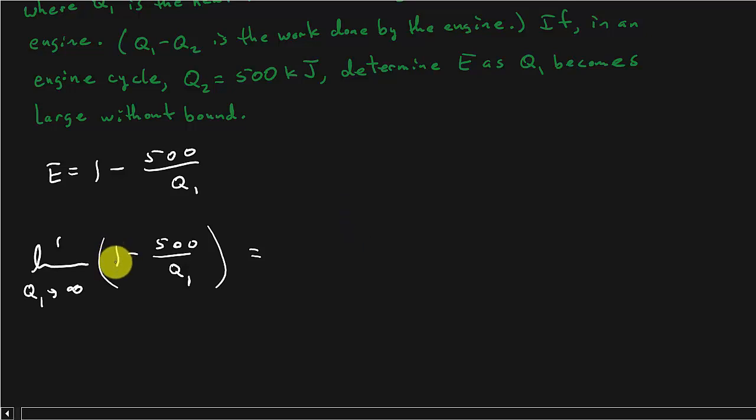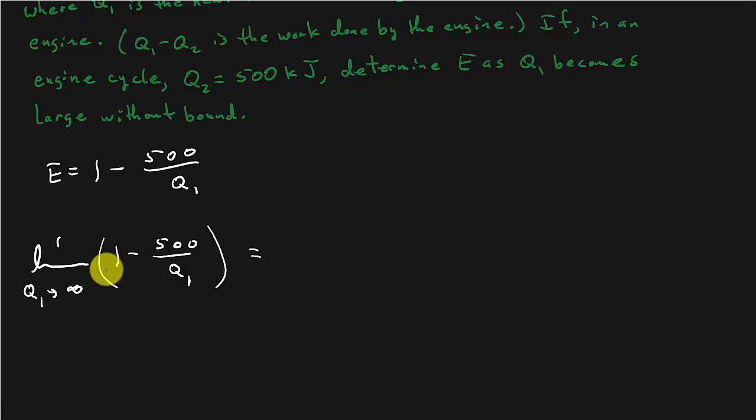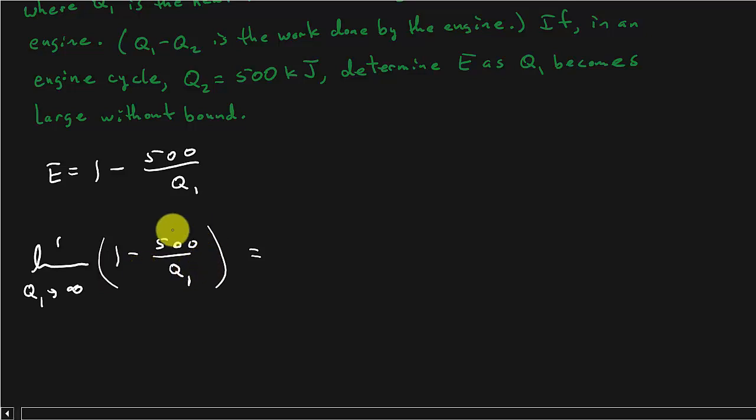So let me ask you this. I don't know why I'm asking you because you can't answer me, but I'm going to ask you anyway, and you think about it. What is this part of it doing? Q1 is getting larger and larger, right? So that denominator is getting bigger and bigger. So do you agree that this whole fraction is going to 0?